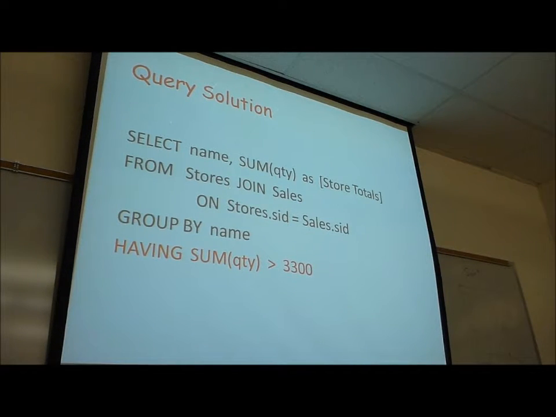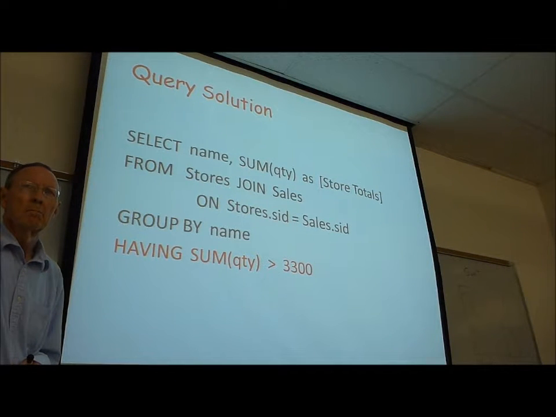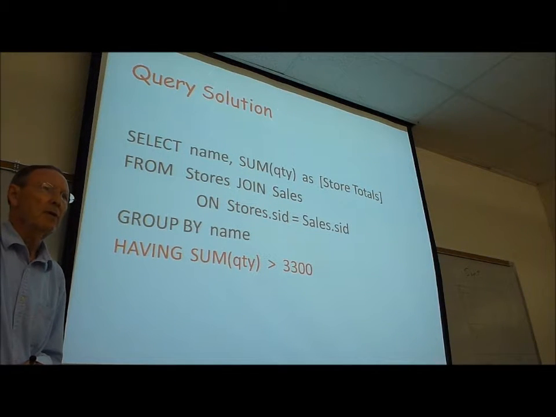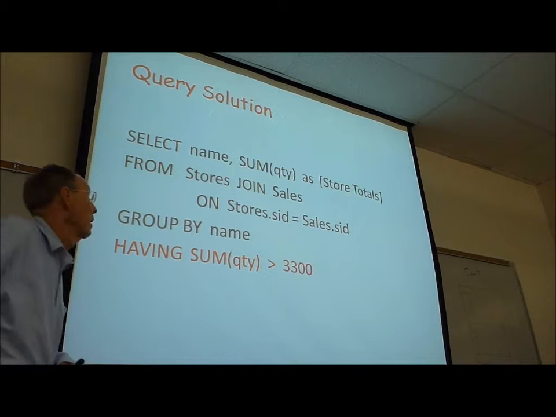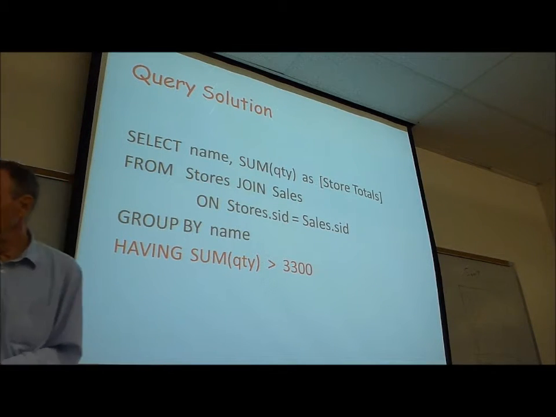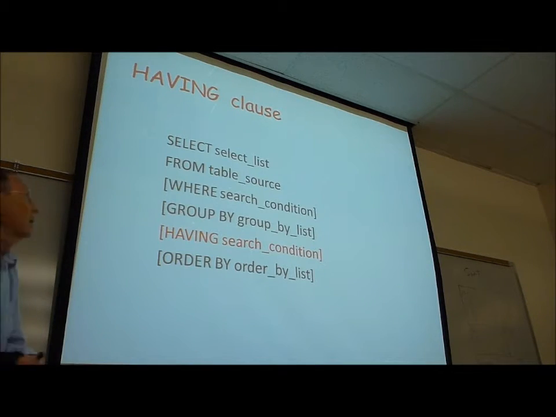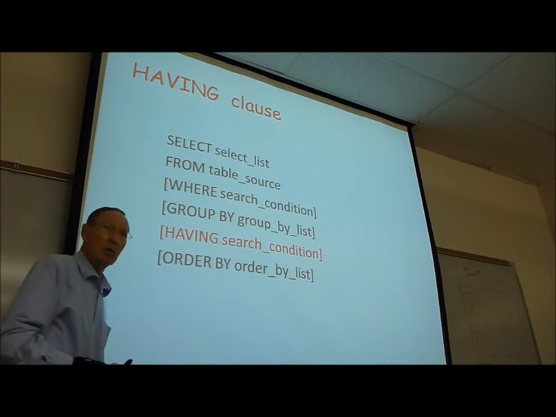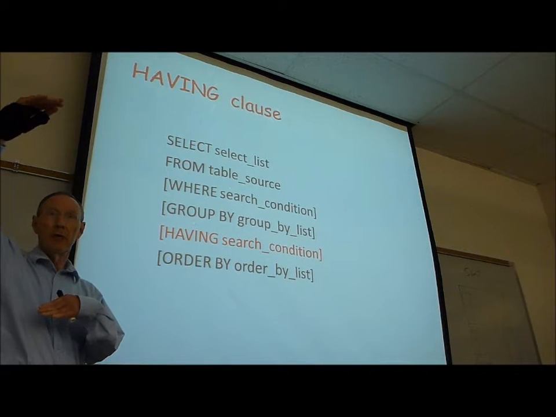Okay, go back up to this. Any questions on that? So the having is kind of like a where clause. You can think of it as a filter. If we back up here, the where filters out rows from a result set, that's the original records.